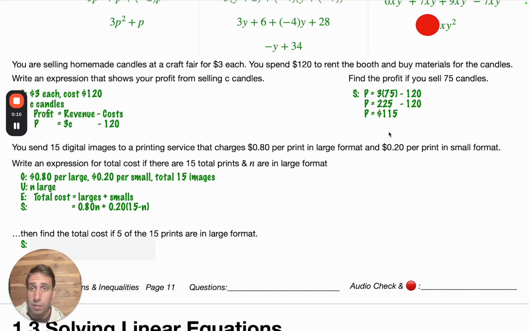But as you can see, we don't know how many. We don't have a variable for the small images. But we do know that there's a total of 15. So actually, what you can do is represent the number of small images as 15 minus n. If there's n large, then 15 minus n would be the smalls, just whatever's left over.